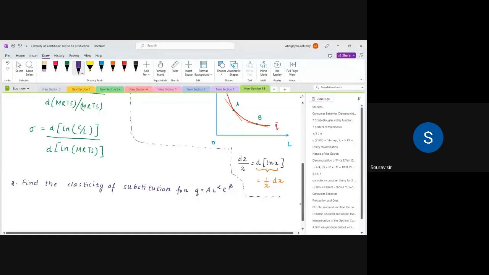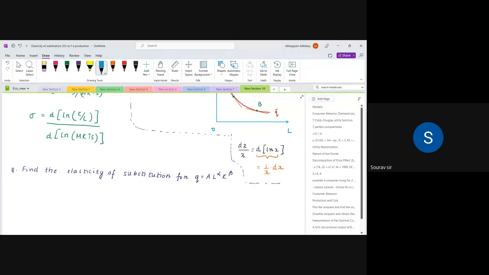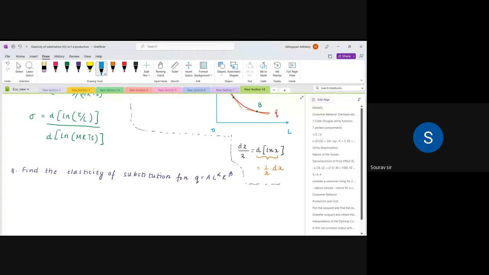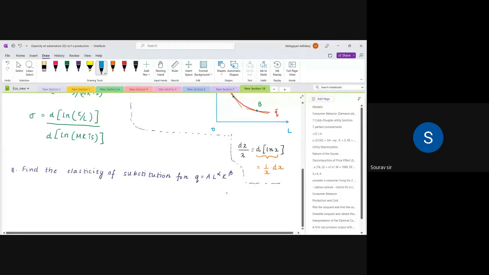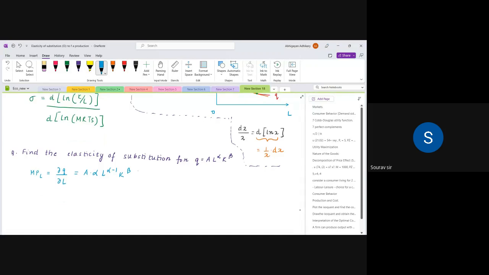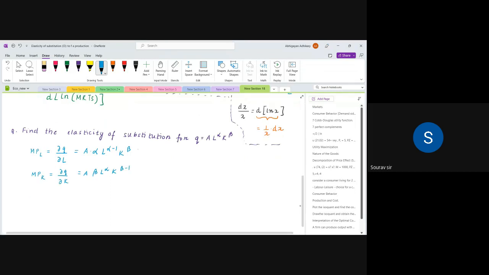Given the definition, you need d of log K by L and d of log MRTS. So we will straight away find MRTS, because MRTS is also a function of capital and labor. For that, we take the MPL, which is del Q by del L, so A alpha L to the power alpha minus 1 K to the power beta. You have already done these calculations, so we are not repeating them. And MPK is A beta L to the power alpha K to the power beta minus 1.